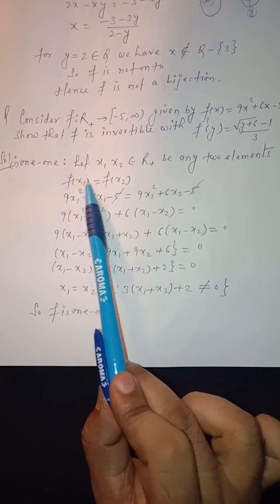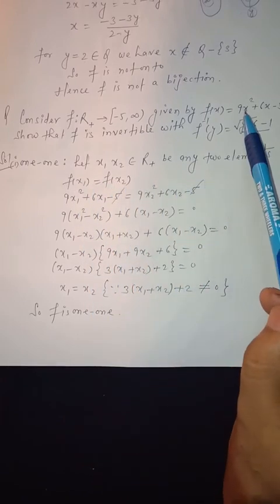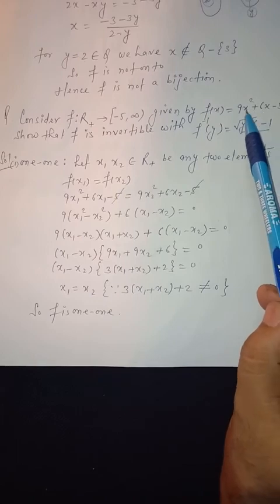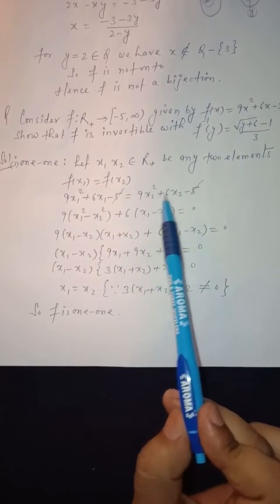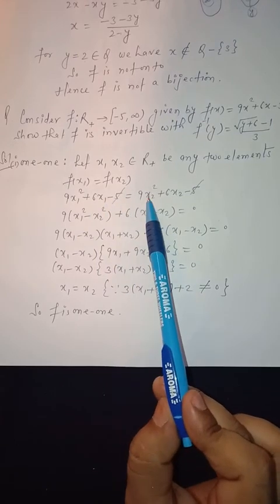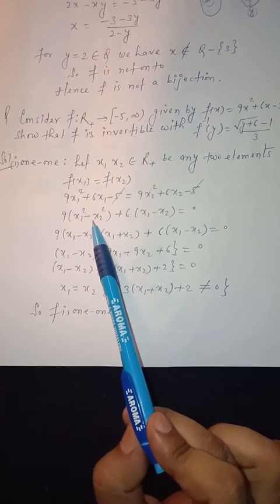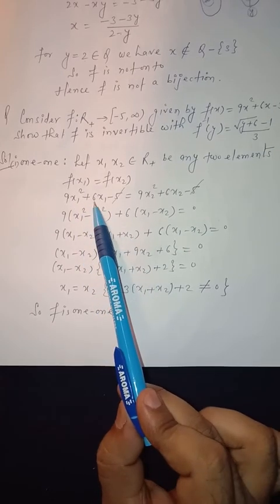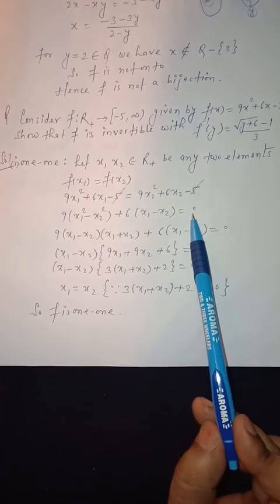So when f(x1) and f(x2) are equal, we will replace this x by x1 and by x2. So both are equal. So this 5 and 5 cancel. Transfer both elements to the left hand side and take 9 as common. It will be 9(x1² - x2²) + 6(x1 - x2) = 0.